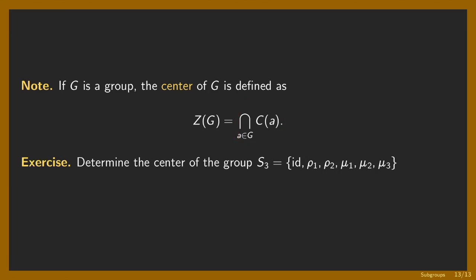Not just on a single element, but on everyone else. If you commute with everyone else, just like the identity, then you are part of the center. Now, in this exercise, I want you to find the center of the group S3 using the previous table. Okay, and in the next lesson, I will teach you how to produce more examples of subgroups if you are given a particular group.